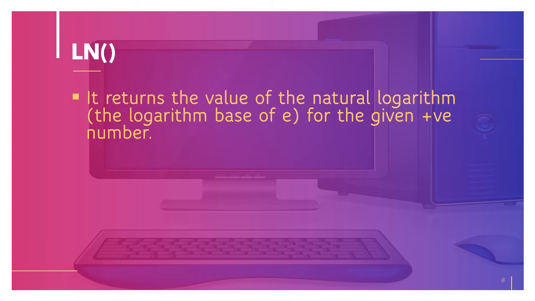So let us see how this is going to be used. Basically this is understood in mathematics. You have already seen, or maybe you will be seeing it in the 11th standard. In physics and chemistry this is also very useful, but here we are going to understand this function. So let us see practically.